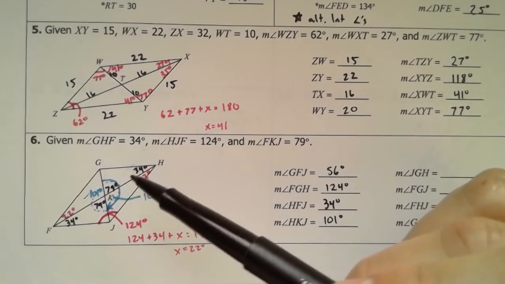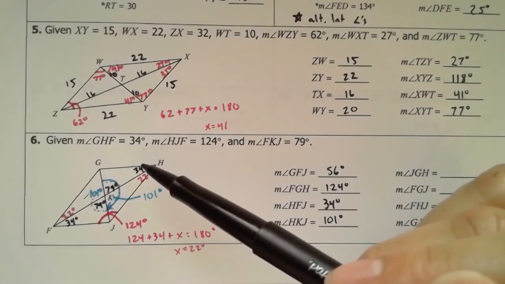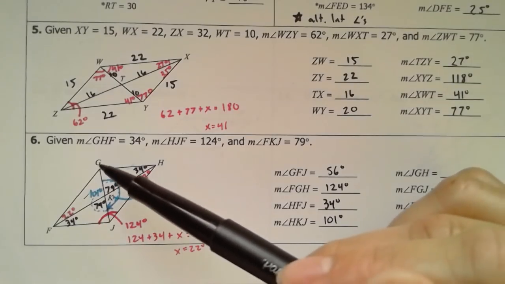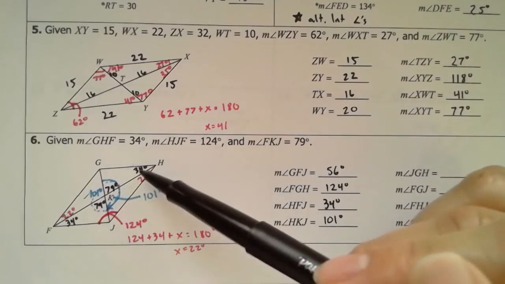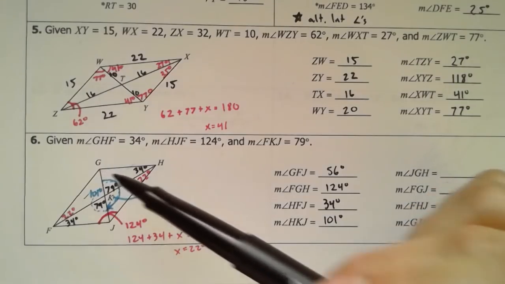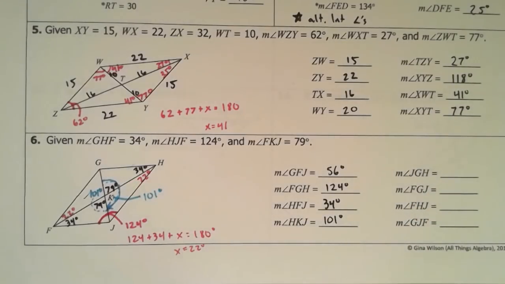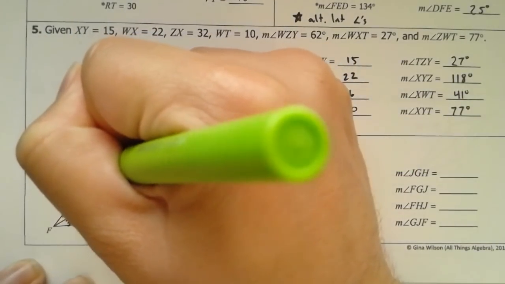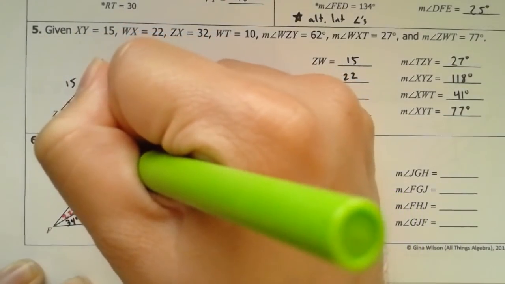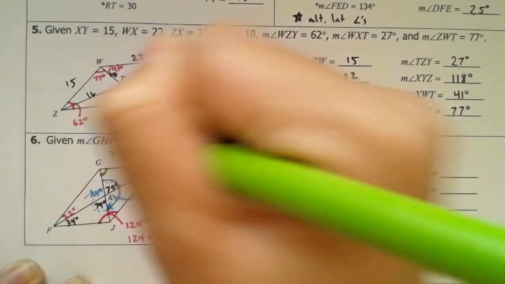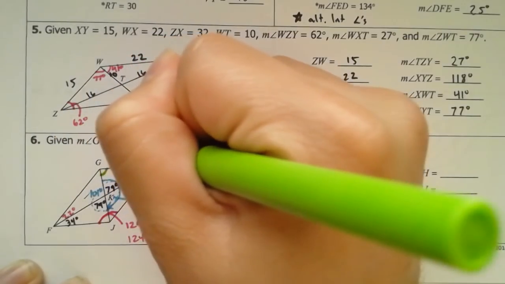So let's take the smaller triangle, 79 plus 34 plus this one here add up to 180. And if you do that in your calculator, let's use green. Green is 79 plus 34 plus an unknown.